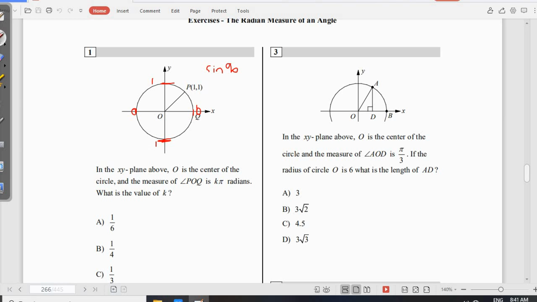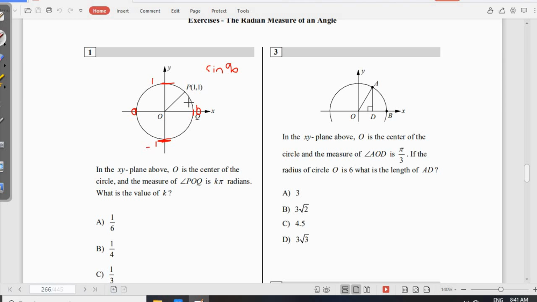Why? Because this place is minus 1 on the y-axis. Then if you look at sine 180, you see it is 0 at this point, and sine 360 is also 0. So you see, you can use a unit circle to explain what we mean.